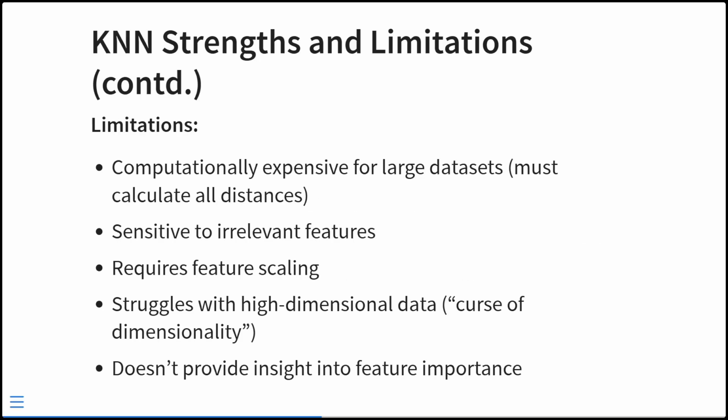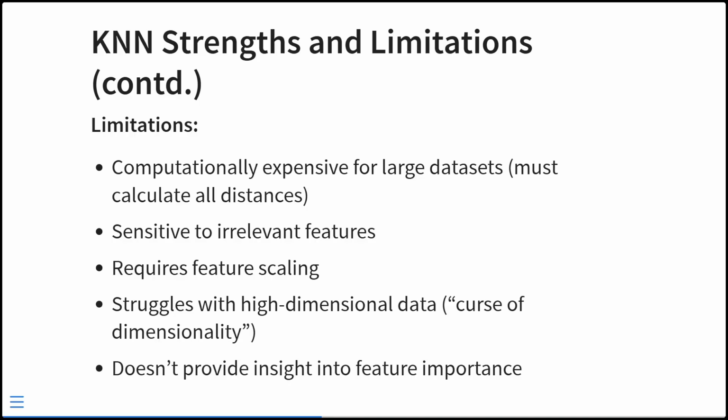So what are the limitations of the K nearest neighbor? First of all, it is computationally expensive for large data sets because you have to calculate all distances. This is very important. In KNN, you need to calculate all distances, which makes it computationally intensive. It is also sensitive to irrelevant features, which might still contribute when you are trying to classify your observations.